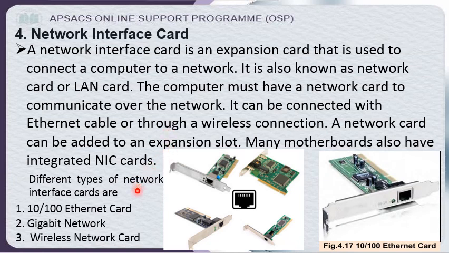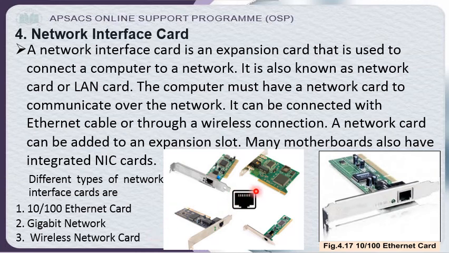Different types of network interface cards are available. First one is the 10/100 Ethernet card. This is the speed, meaning up to 100 Mbps speed can be provided. Second is the Gigabit card, and third one is a wireless network card.